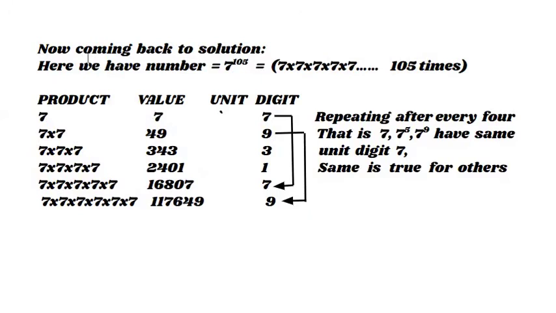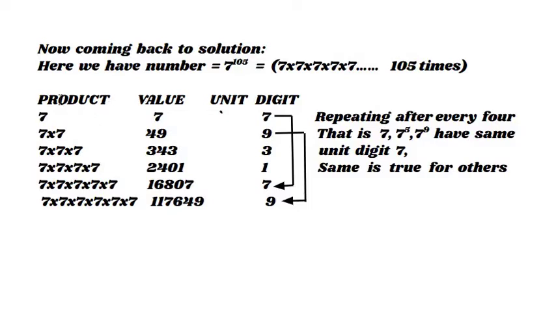Now coming back to the solution, we have the number 7 raised to the power 105, that is 7 into 7 into 7 into 7 up to 105 times, and we are starting with this.